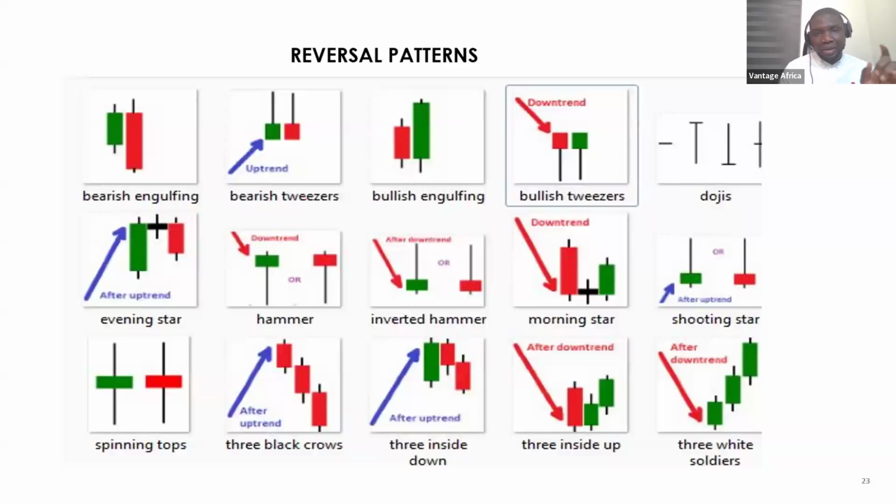So what we're going to be looking at here is candle patterns, not just one candlestick, but candlestick patterns. A situation where you can put two or three candlesticks together and it starts to make sense as to what the market is about to do going forward.